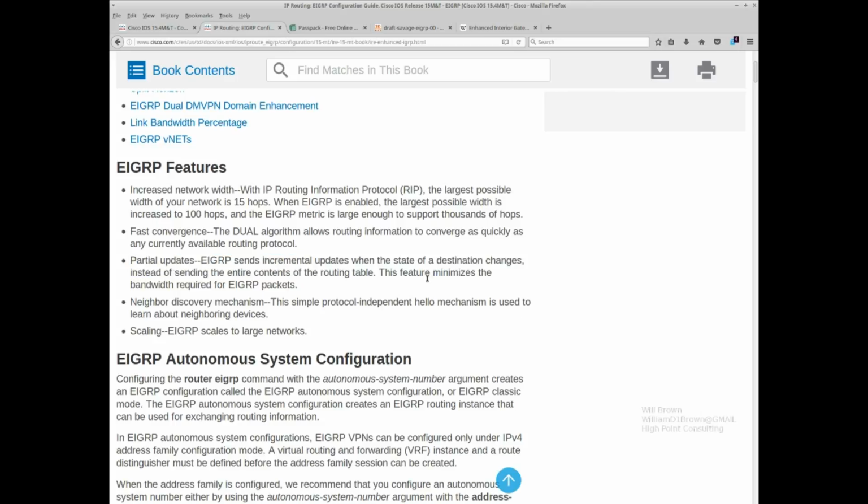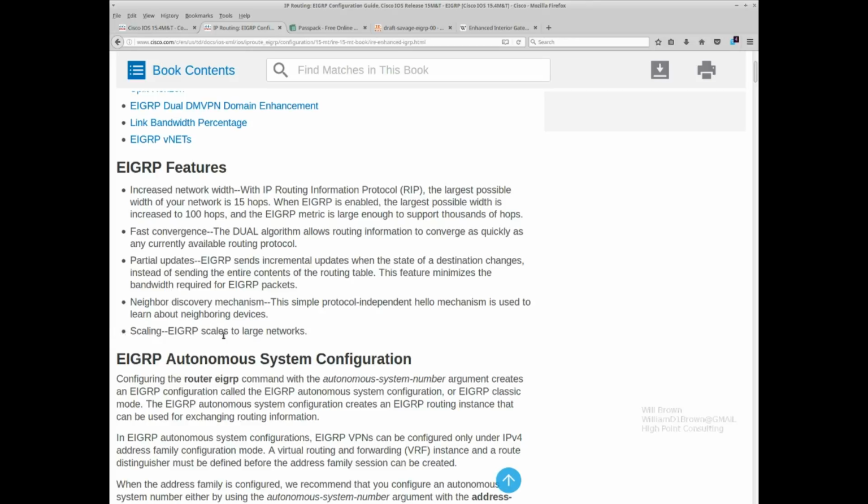This is a feature that minimizes the bandwidth required for EIGRP. The neighbor discovery mechanism, we'll see it referenced in debug commands as well as in the wire captures, the Wireshark captures.